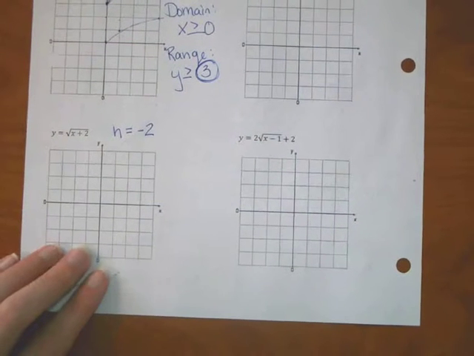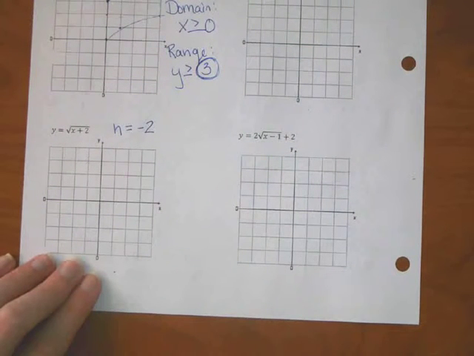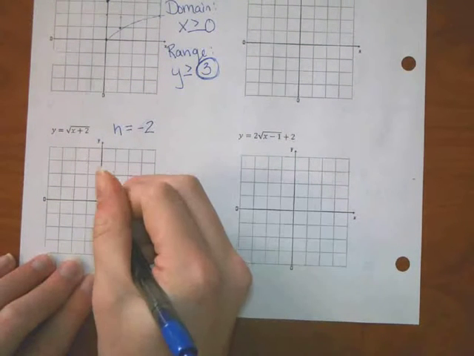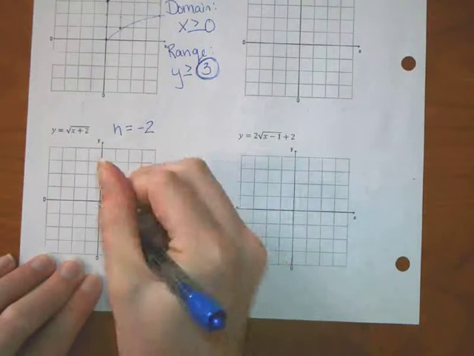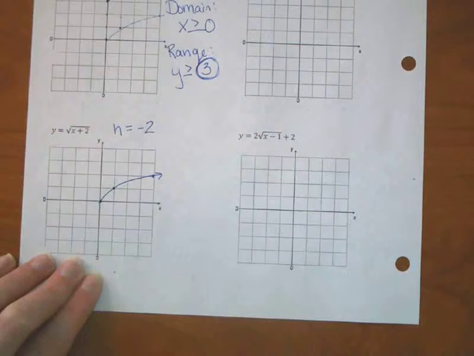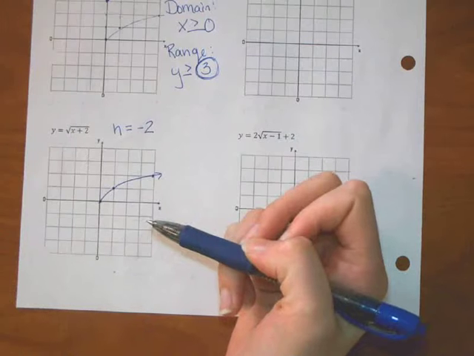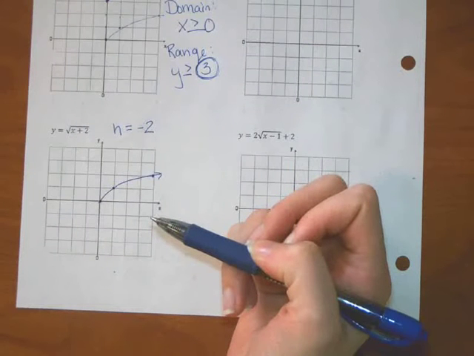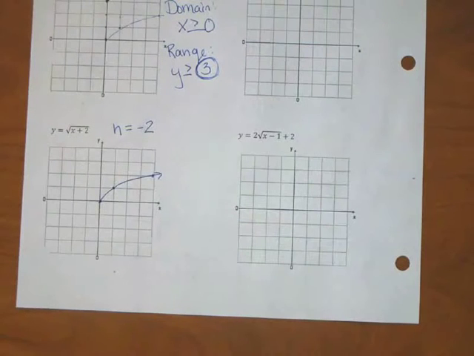All right, rather than making a whole table of data, let's start with our parent function again. Just 0, 1, 1, 2, 4. So that's our parent. H tells me to do what? In general, what does H tell us to do?